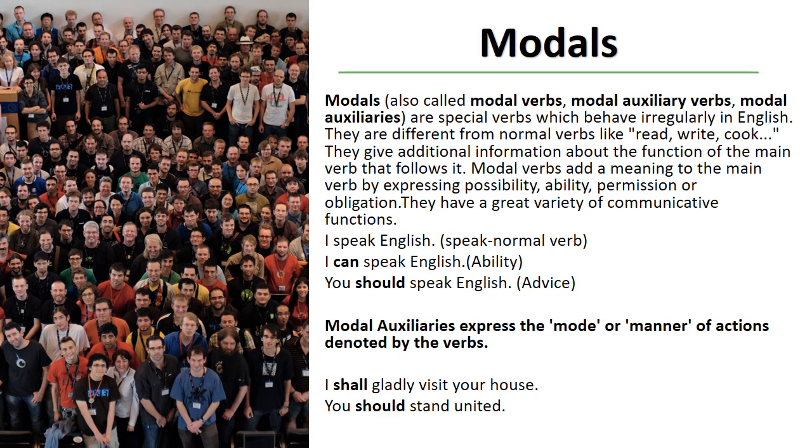So this modal verb adds a meaning to the main verb. Now let us see one more example. You should speak English. Now in place of can, here I have used should. So what am I doing now? Here I am giving you advice that you should speak English.